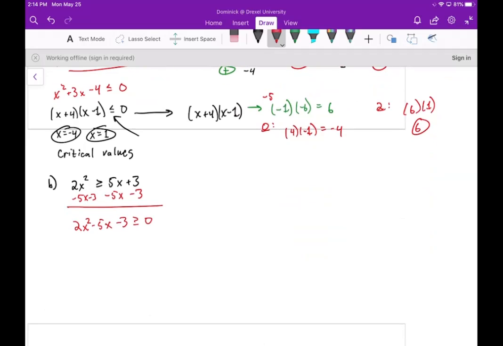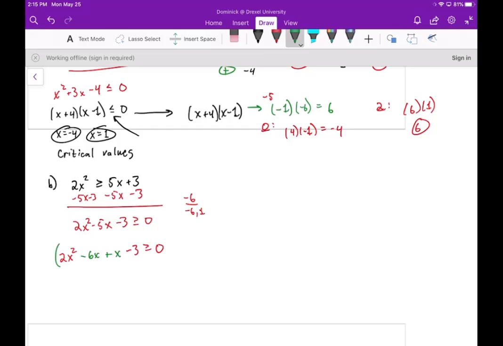Now if we factor, I need to do 2 times negative 3, so that's negative 6. We can use negative 6 and positive 1, which multiply to negative 6 but add to negative 5. So this is going to become 2x squared minus 6x plus 1x, which is plus x, minus 3.